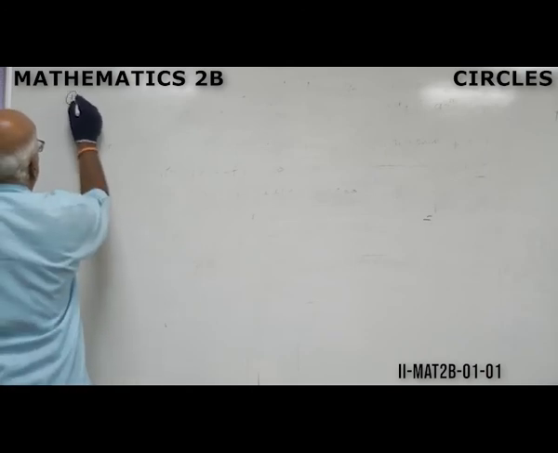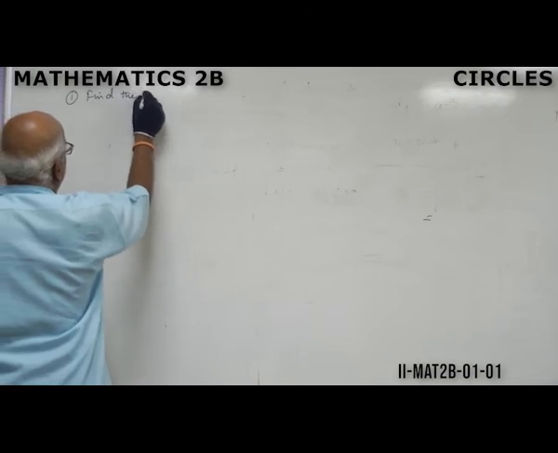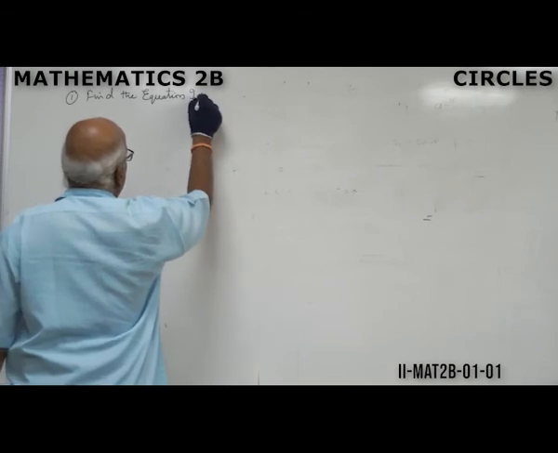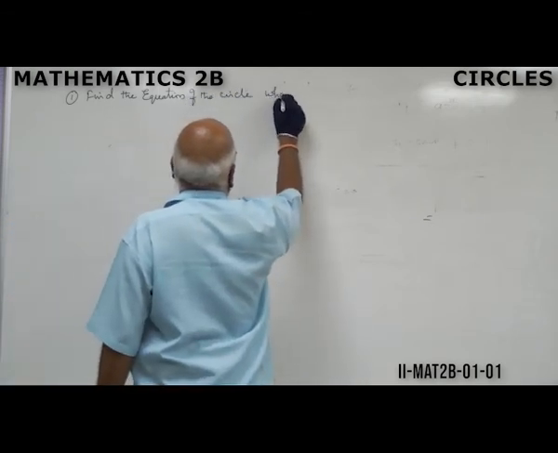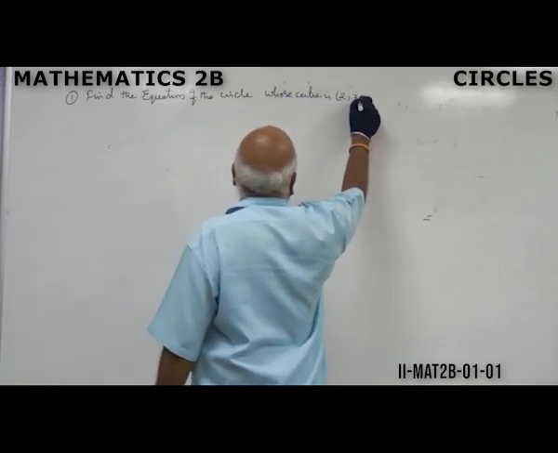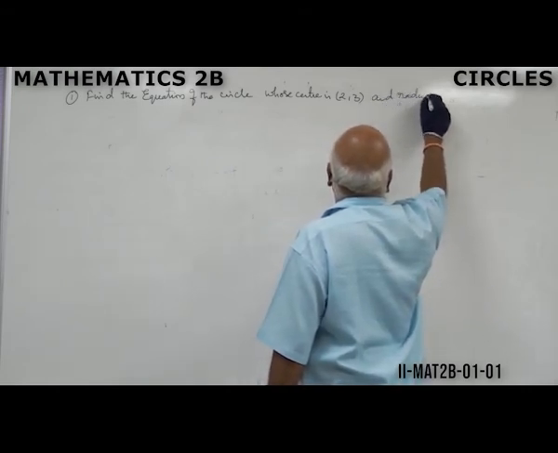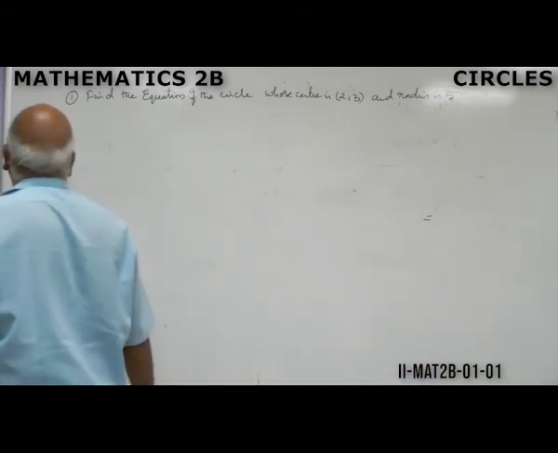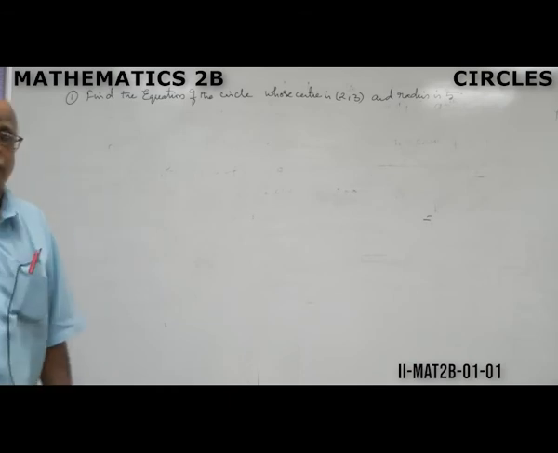Number 1, find the equation of the circle whose center is (2, 3) and radius is 5. That is our question.